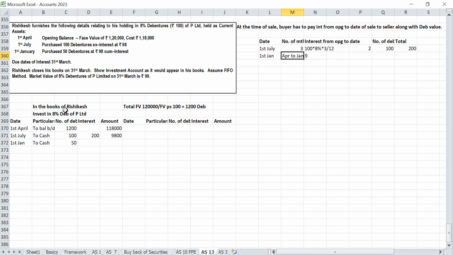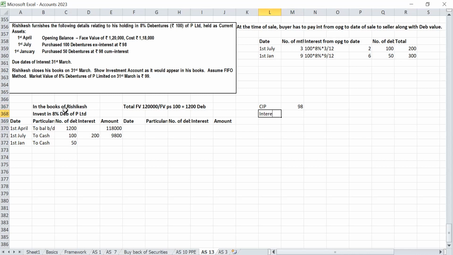100 into 8% into 9 by 12. Total number of debentures 50. So what is the ex interest price? 98 cum interest, sir.